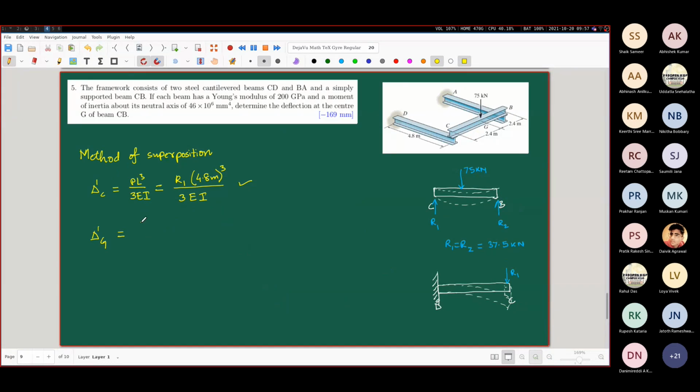Here, all that you have to do is PL cubed by 48 EI, where P is 75 kilonewton and L is again 4.8 meter.